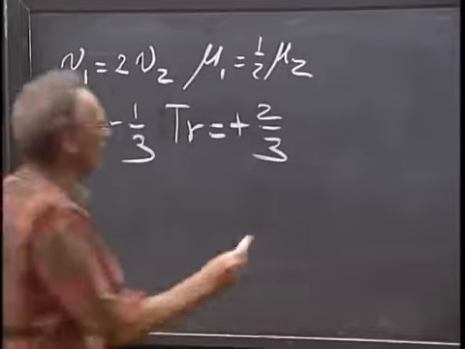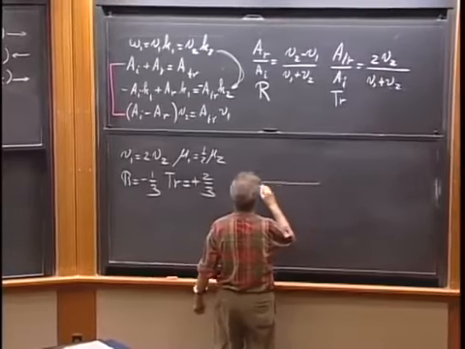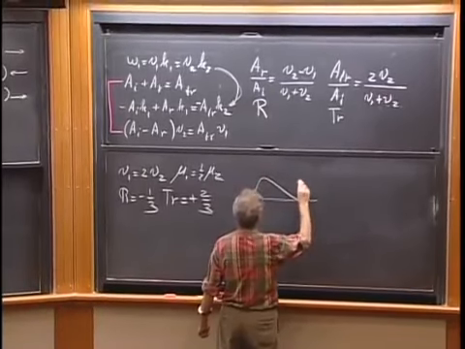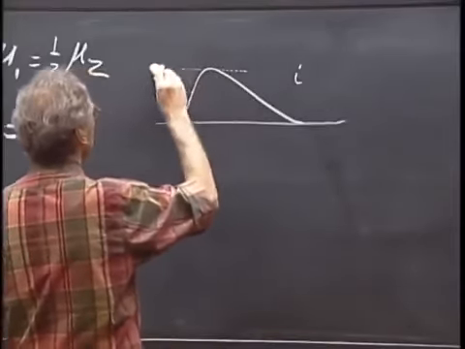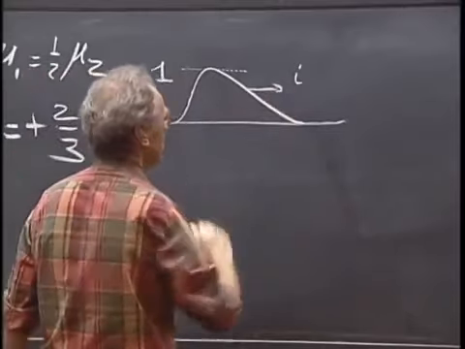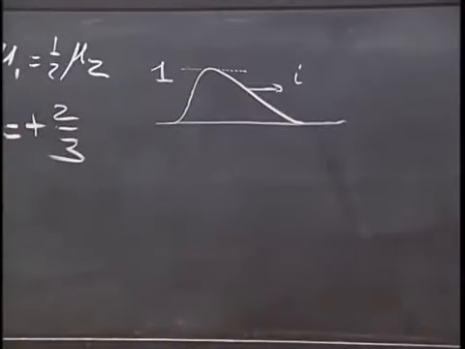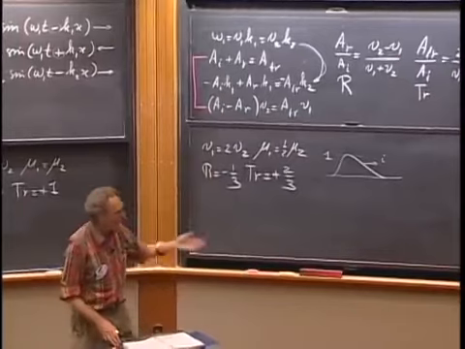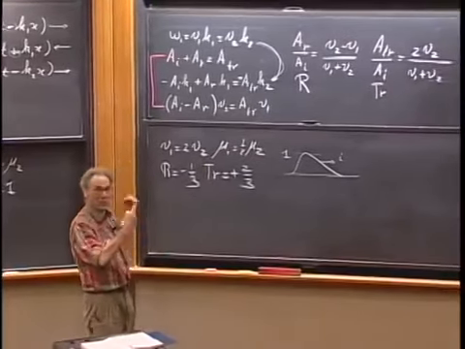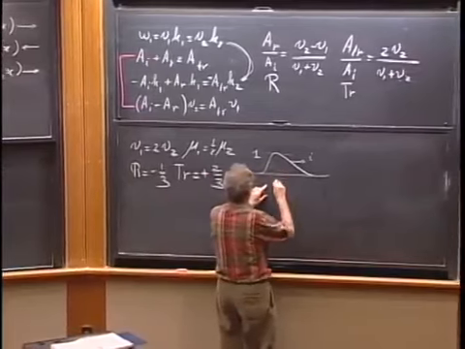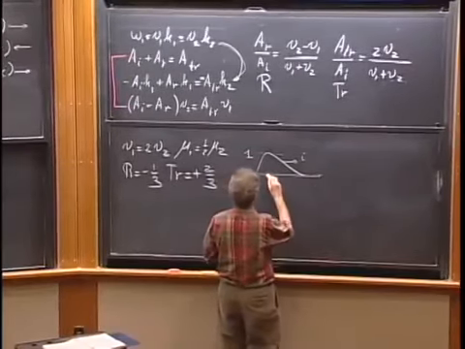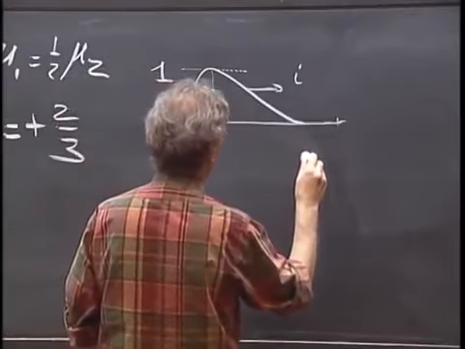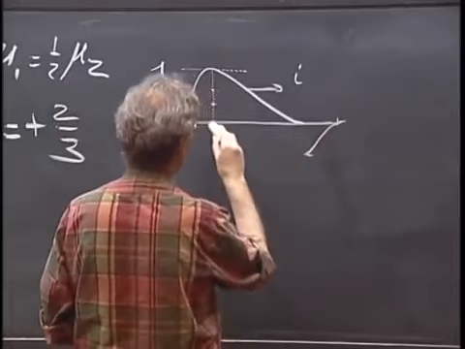And that means the following, that if this is my incident wave, so this is now the incident one, and the incident one, say, has an amplitude 1, and is moving in this direction, then the returning one has an amplitude which is 3 times smaller, and it is flipped over, but it has the same length because it has the same speed. So suppose the returning one were here, then you would see the returning one with only 1/3 of its amplitude. So that's about here. So you would see something like this.